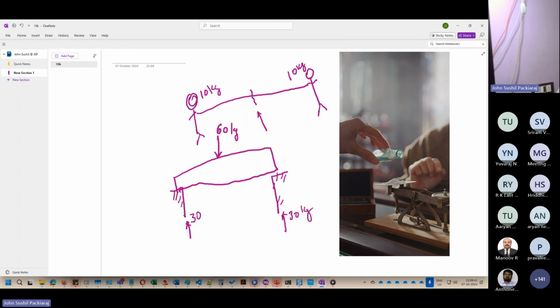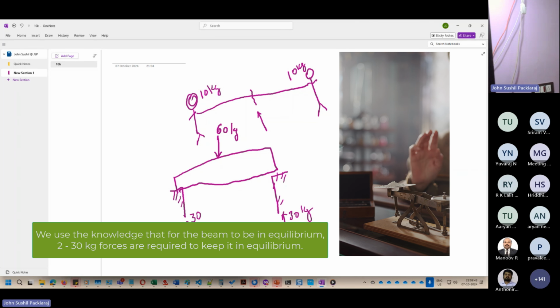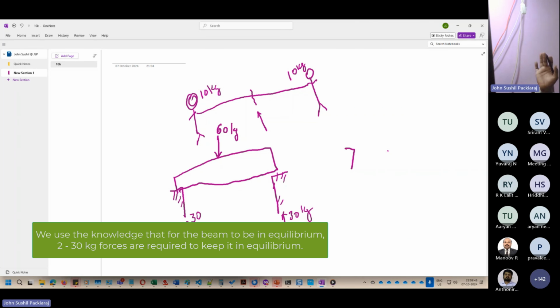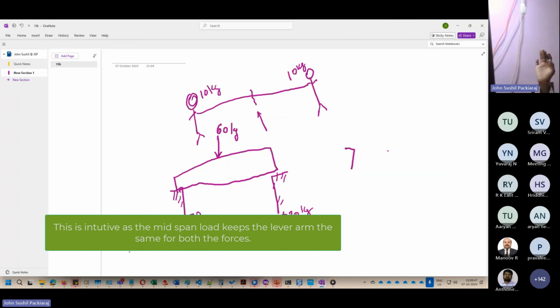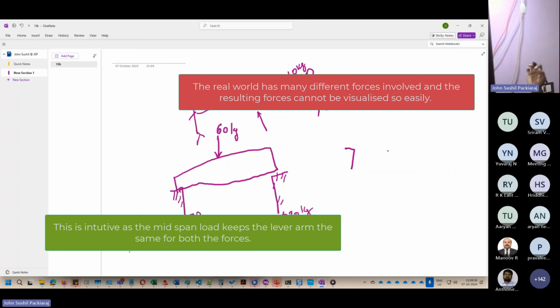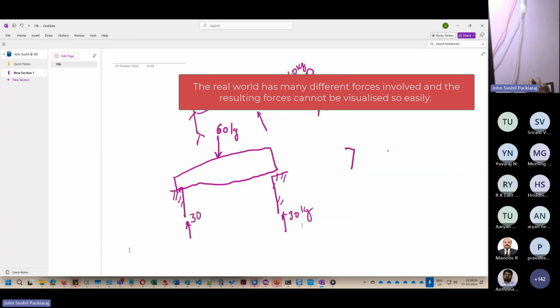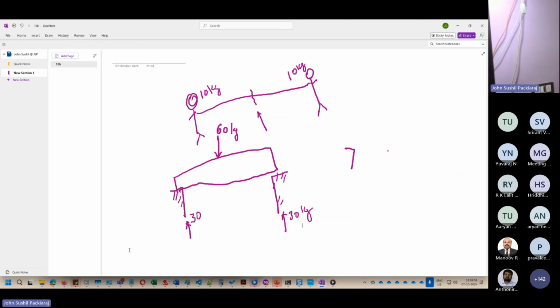Whenever we are having any of these software tools, especially in civil engineering, we are only trying to find what the force is which is going to be present in different parts of the element which you are considering.